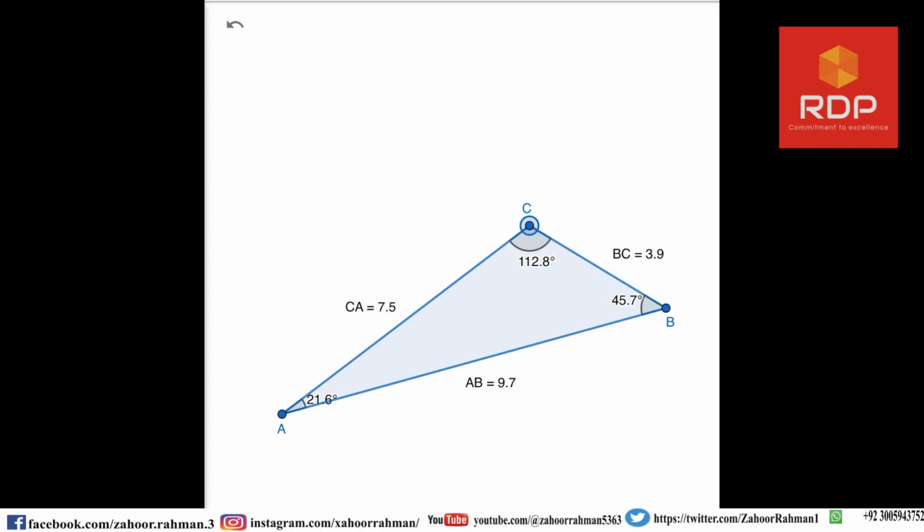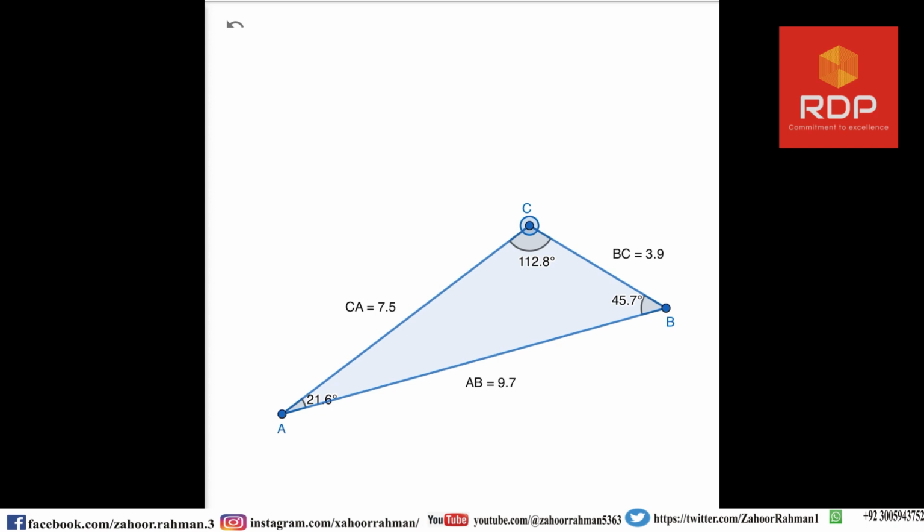Now you can see that this A angle is 21.6, which is an acute angle. The B angle is 45.7, which is also an acute angle. But in the case of C, you can observe that the C angle is equal to 112.8 degrees. So that is an obtuse angle.